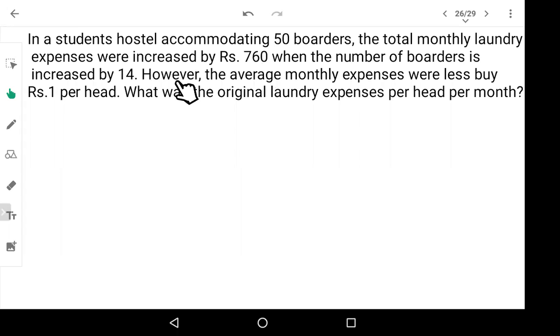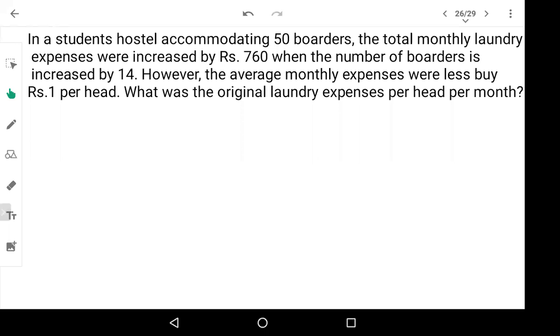However, the average monthly expenses were less by rupees 1 per head. What was the original laundry expenses per head per month? So there's a student's hostel and they get the laundry done. They might have some facility of getting their clothes washed outside and paying the amount.